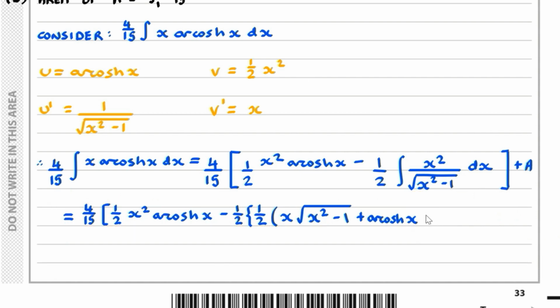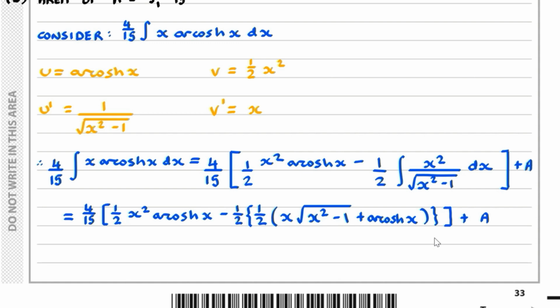And then just be careful with your brackets. And then we close this big bracket here. So hopefully that all makes sense so far. And then we've got this constant of integration a.